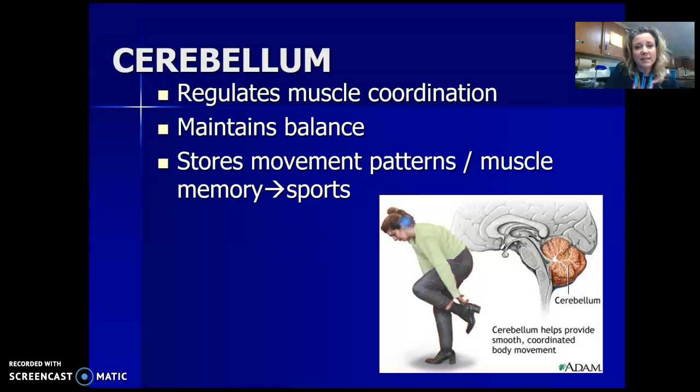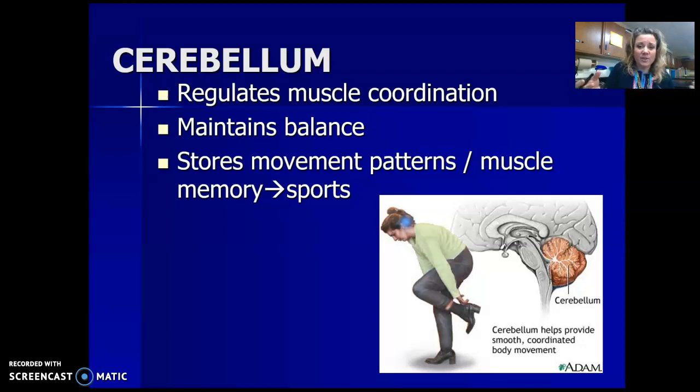It can also send messages to initiate corrective measures in our movements. And so, maybe sometimes someone asks you to pick up a box or a bag, and in your mind you think that it's going to be completely heavy, and so your body preps to pick up a heavy object. But then when you actually lift it, you realize how light it is.